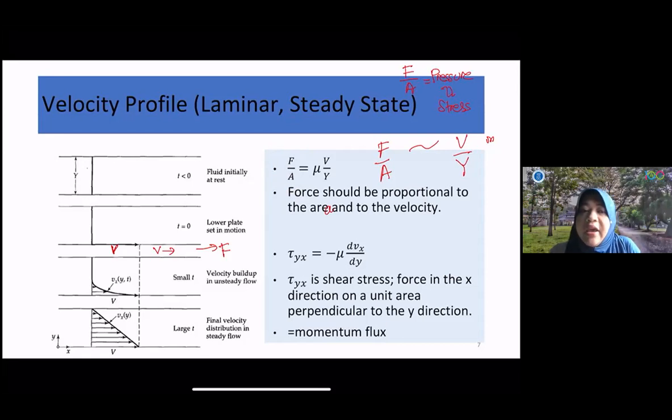So this F divided by A, we call tau yx, and tau yx is called shear stress. Why is it shear stress? Because it is like a drag stress.